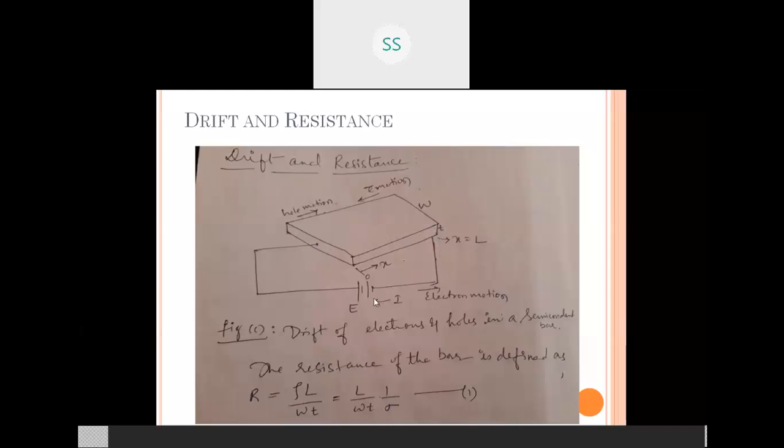Therefore the electron concentration remains the same in the semiconductor bar at N, which is the concentration for us, and this is going to remain constant throughout the operation.